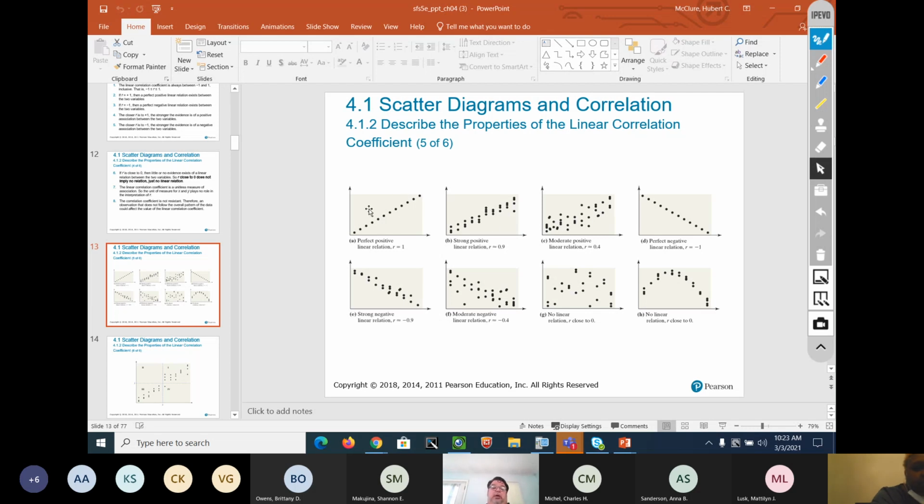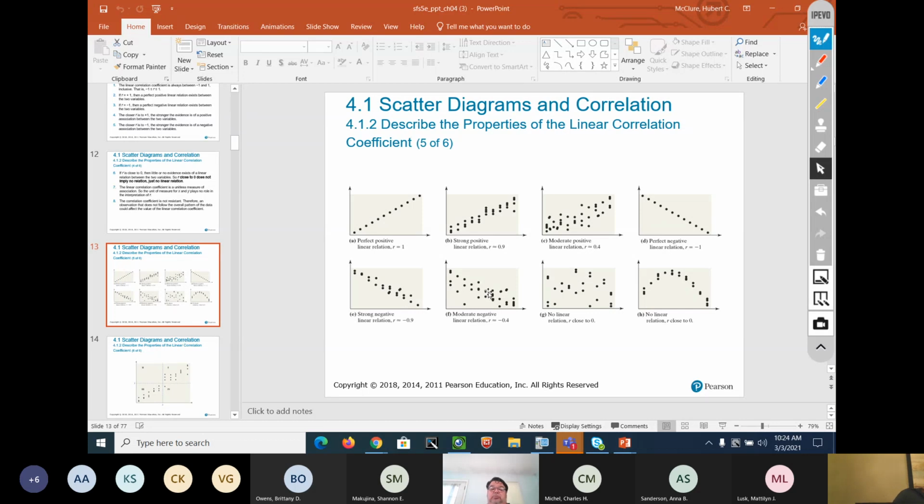This is what you call right here a linear correlation. That's a linear correlation. These are just correlations. This is a negative correlation, -1. This is a linear correlation. This is a correlation.